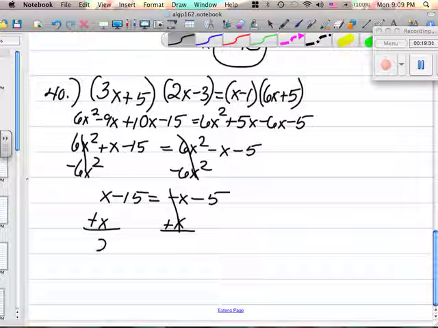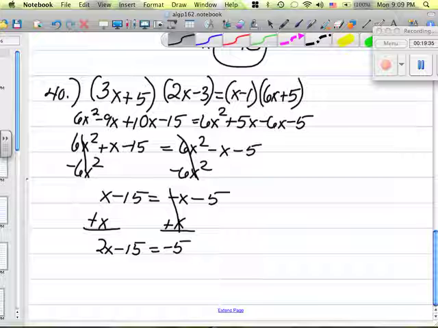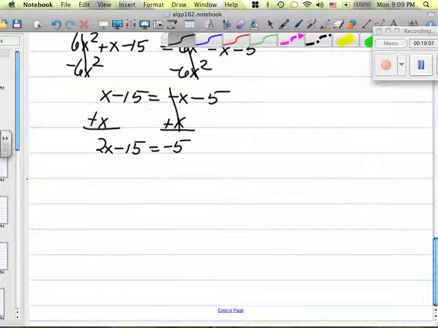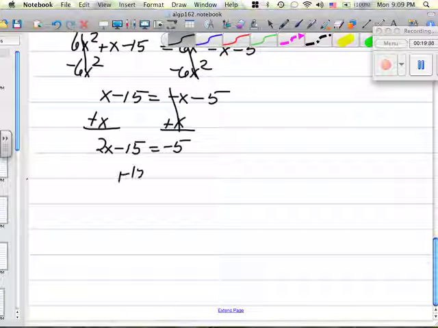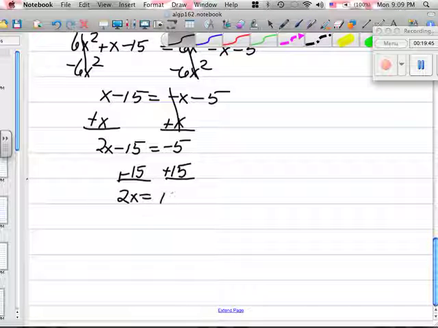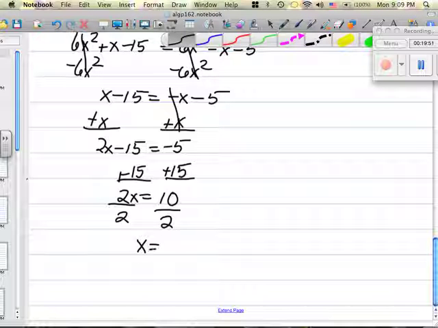So now 2x minus 15 equals negative 5. Solve for x, add 15. And we get 2x equals 10. Divide by 2. And the solution for x is 5.